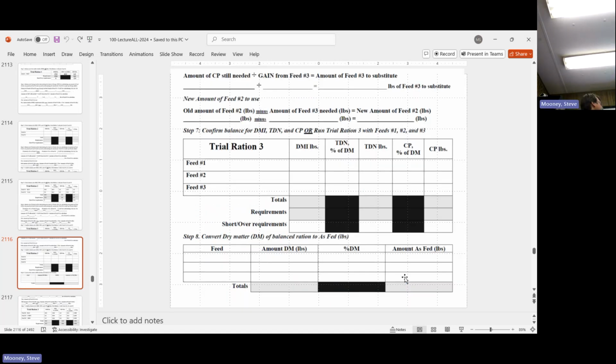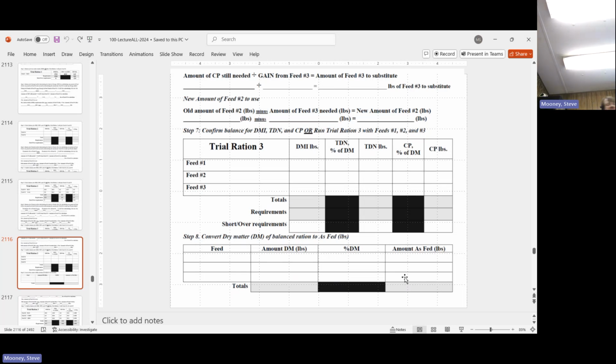So where do I get feed 1? How do I do this row? I can copy down from the top of the page. It's exactly the same. So hay is 10 pounds, corn is 4 pounds, soybean meal is 1 pound. I get the TDNs from the previous page, step 2.